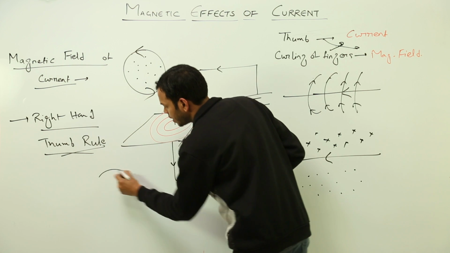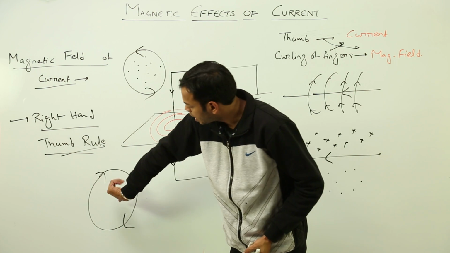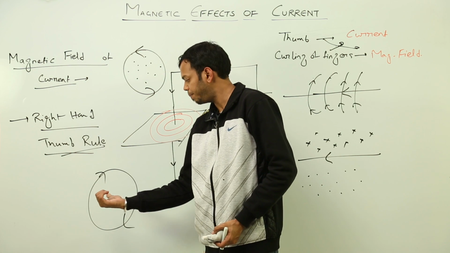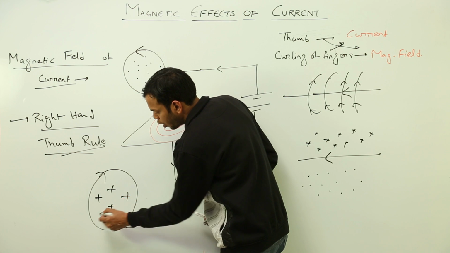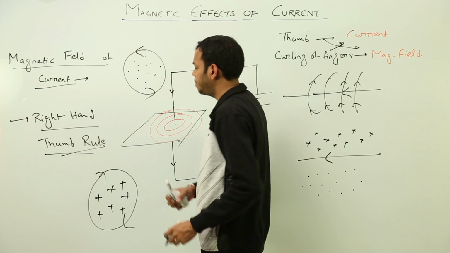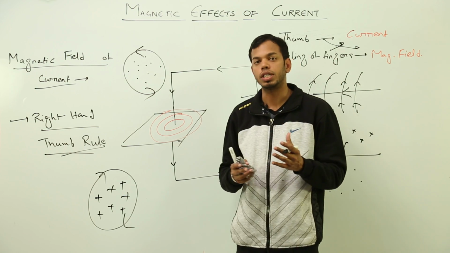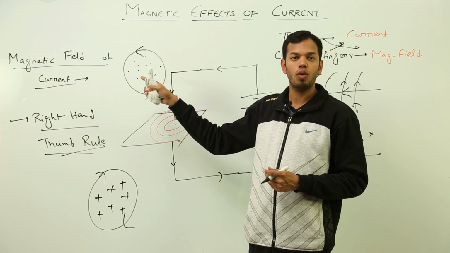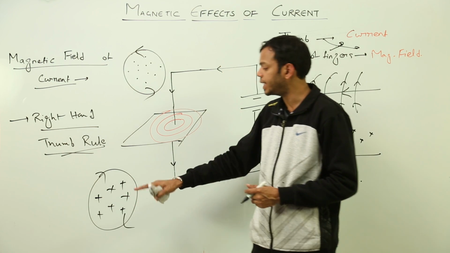And if the loop has current in this direction, so curling of fingers like this, the magnetic field is going inside. So I'll be representing it with all crosses. So now you see the magnetic field in a circular wire can exist in only two ways. If the current is anti-clockwise, the lines are emerging out. If the current is in the clockwise direction, the lines are going in.